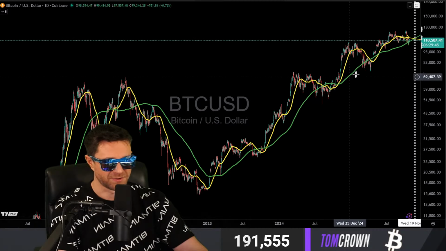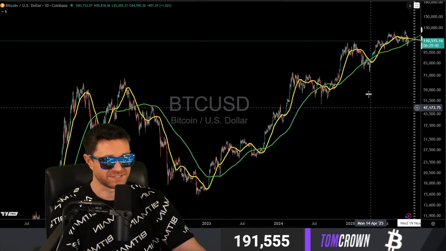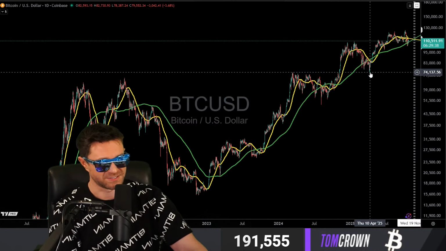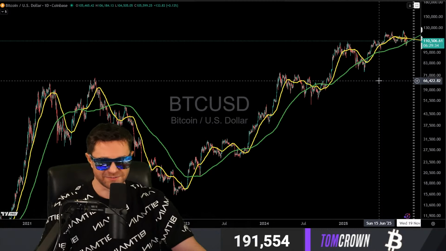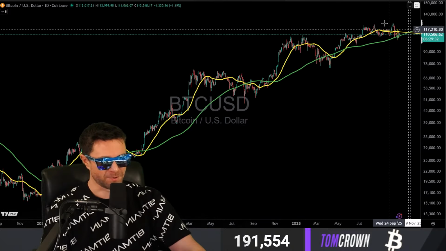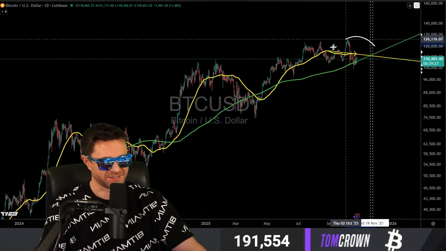Each low is marked by one of these death crosses, and the market didn't return to those prices. At some point, I expect that to fail. Nothing can ever be that easy. But once we do see this fail, this is the final kind of alpha thought here.